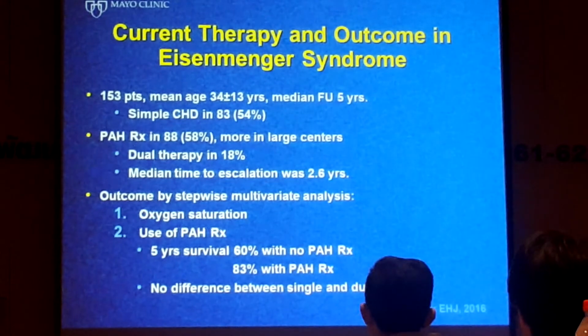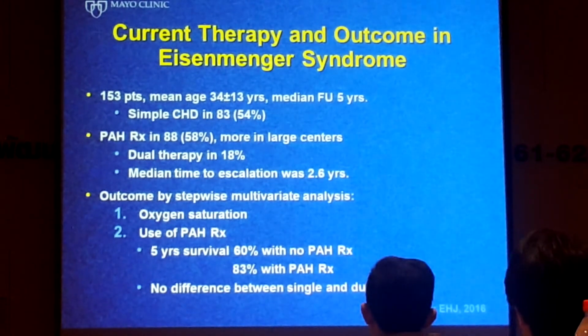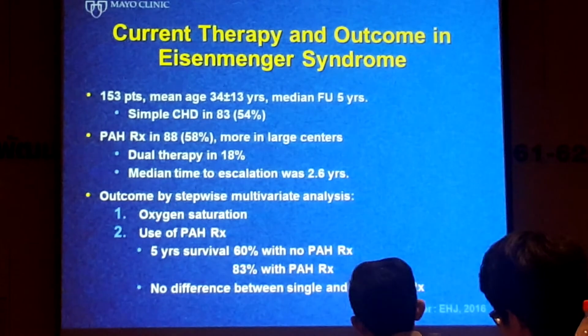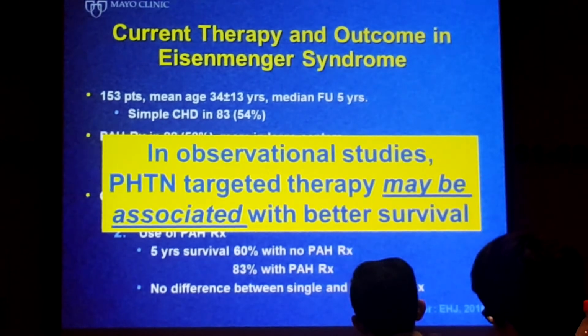The 5-year survival in those on PH-targeted therapy was 83%, compared to 60% in patients with no PH therapy. So this observational study showed that survival is better. But remember, these are not randomized clinical trials in which we give the drug to check survival. It's a retrospective analysis, an observational study.